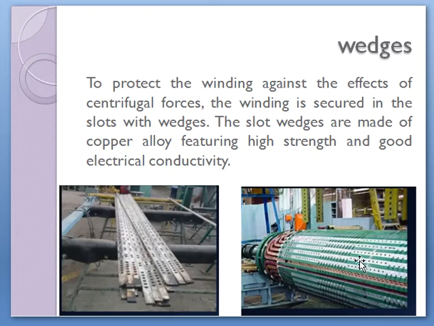Once the wedges are inserted on top of the field windings and properly sealed, then even at such a high rotation of 3000 rpm, it is ensured that the field windings do not fly off or break off from the rotor during rotation.